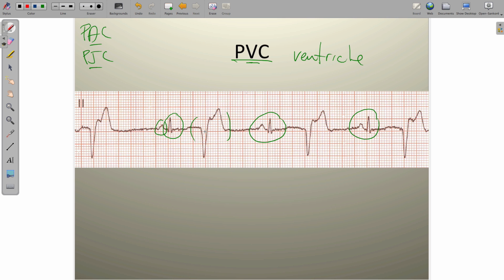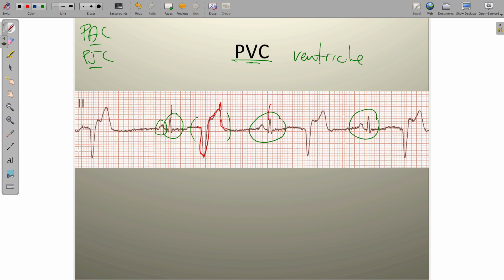If you look at the distance here between this guy and this guy, the midway point is kind of like here somewhere, maybe a little bit even more to the right. So this guy started way early. You don't see any P waves before these guys because this is a ventricular complex, not a rhythm. So we get this ginormous and ugly and wide QRS complex followed by a T wave.